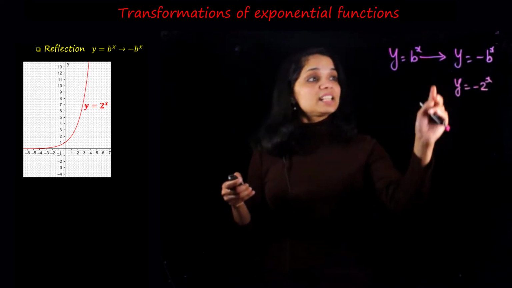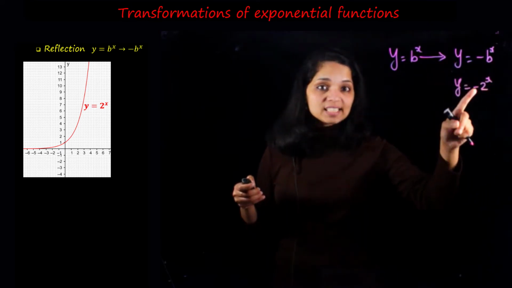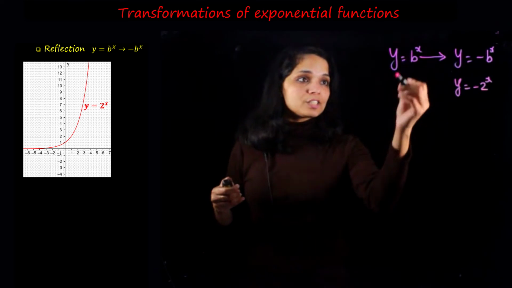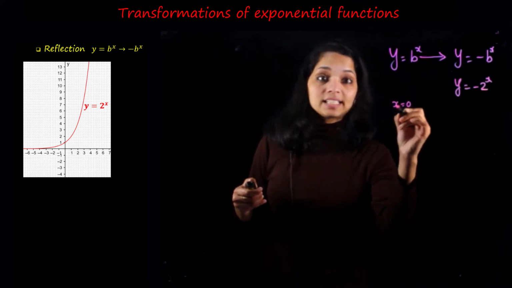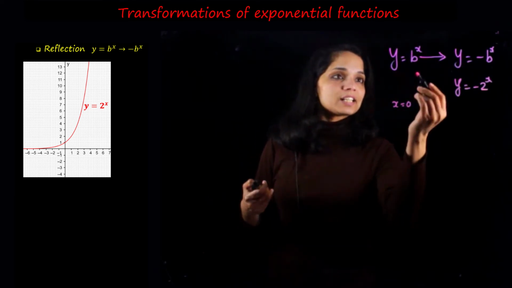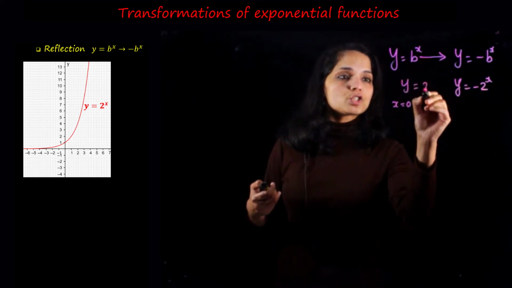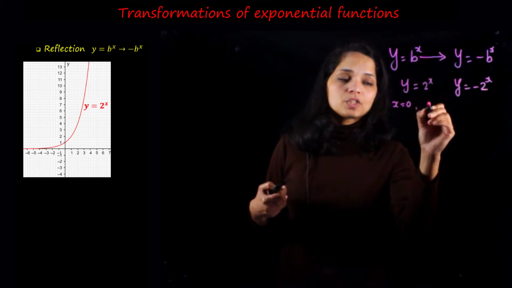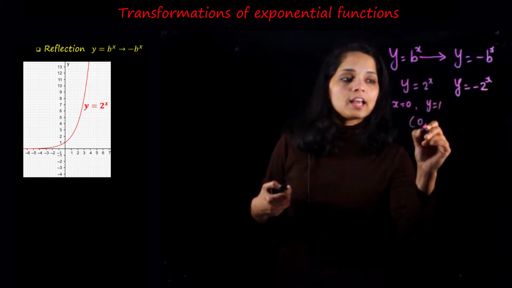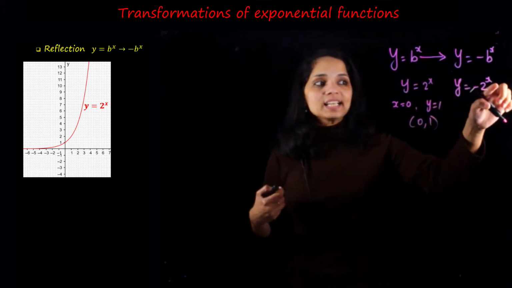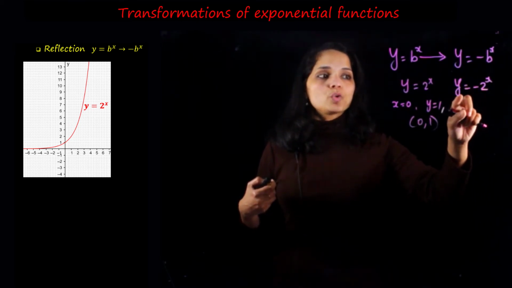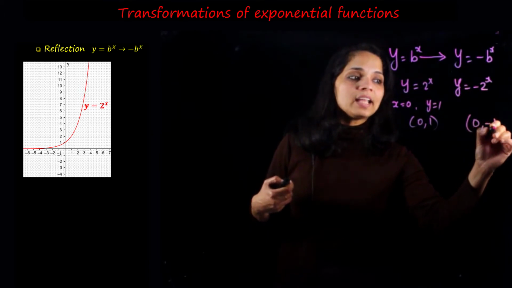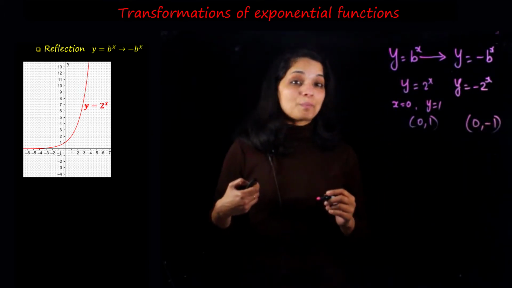As I said, this reflects the graph about the x-axis. Let's take some key points. Maybe x equals 0, which gives us the y-intercept. For y equals 2 to the power x, x equals 0 gives y equals 1, so (0, 1) is one point. On the transformed function, when x equals 0, y equals minus 1, so the y-intercept is (0, minus 1).